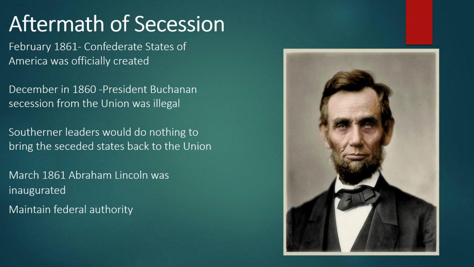So his strategy, like we talked about before, is kind of wait and see what the South does. Let them make the first move, which comes in 1861 when the Confederate forces attacked Fort Sumter in South Carolina. Okay, this is going to be what's called the beginning of the Civil War.